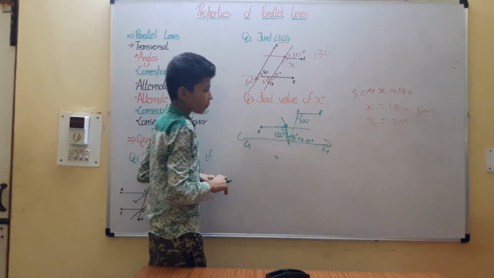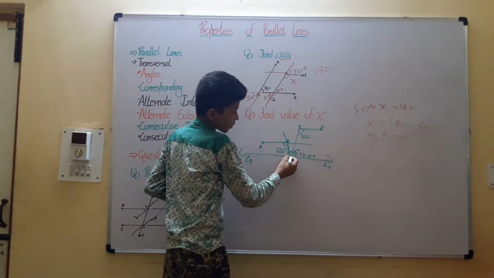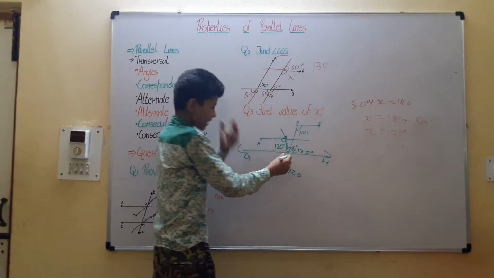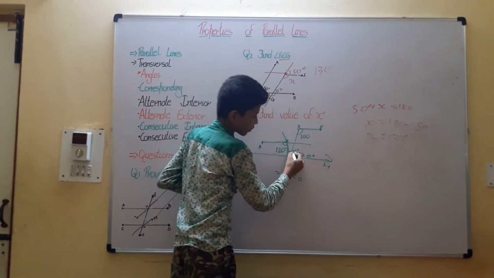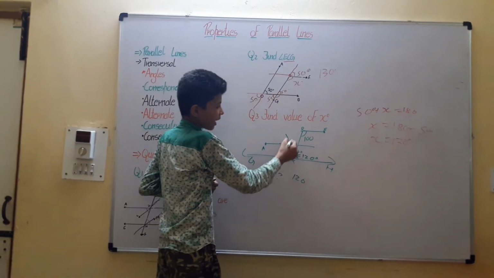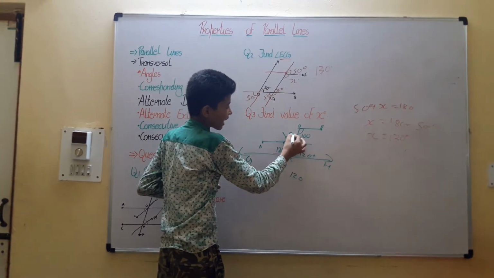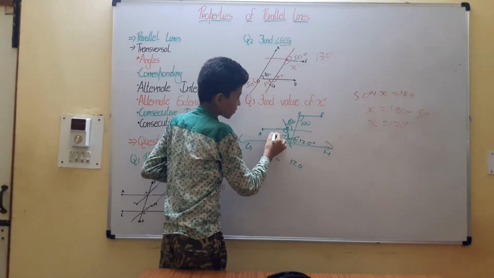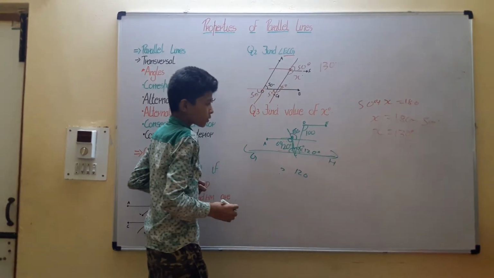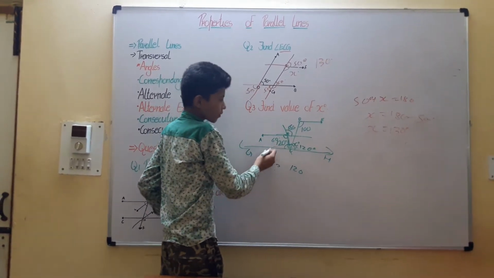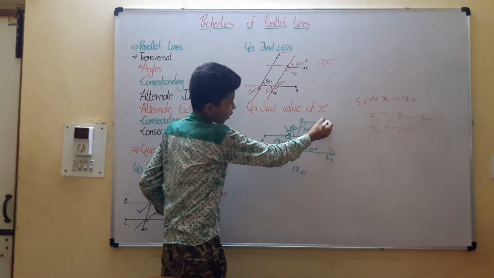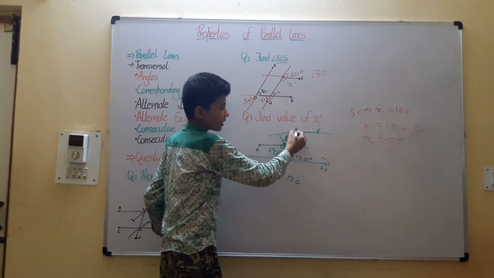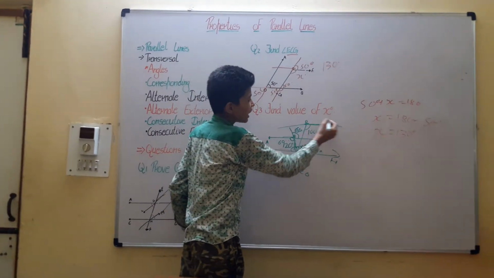So we got here 120 plus x, and we got this as 120, and this is left one, and then we get this angle as 60 degrees, and 60 degrees would be this. Then we extend this DE.